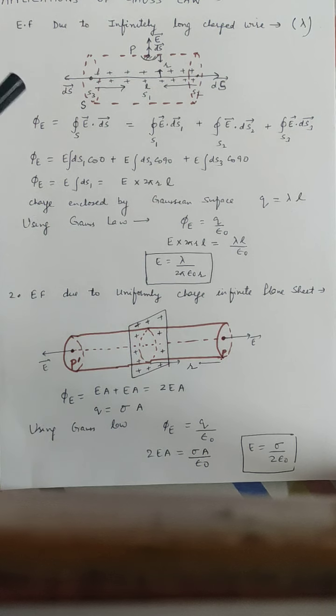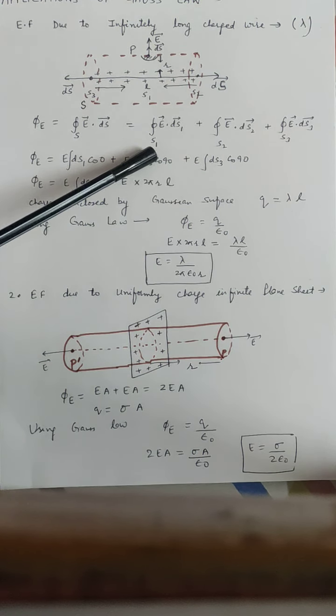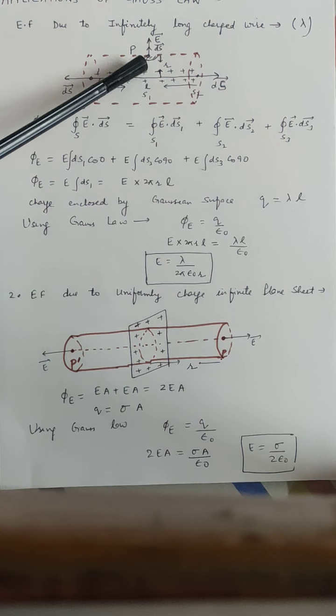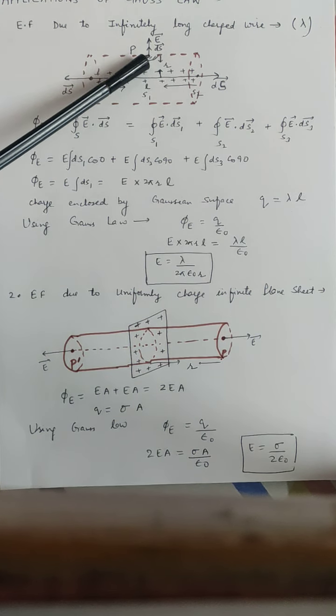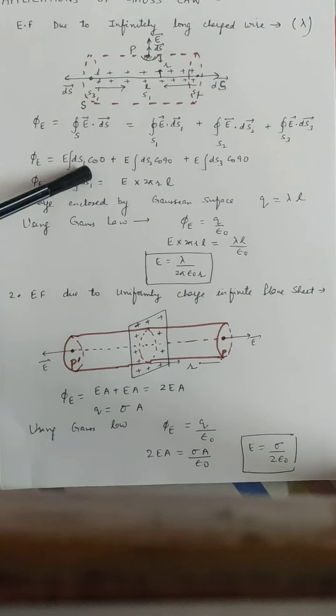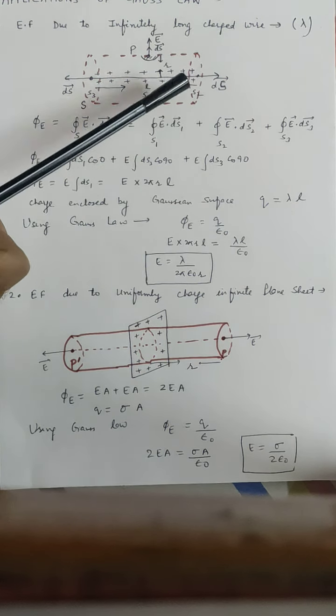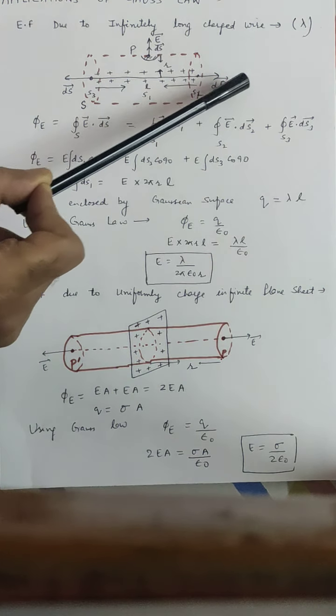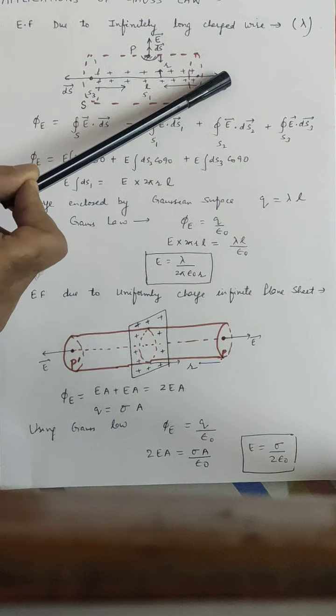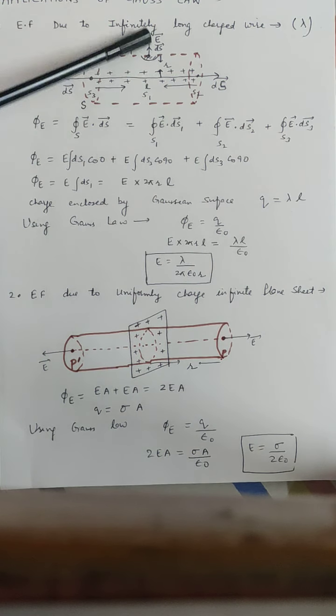Let's consider the first case, the surface S1. For the surface S1, E and ds are in the same direction, so the angle between them is 0. So it becomes E times the integration of ds1. If I am talking of the second surface, S2, in this particular case the direction of ds is normal to the surface and the direction of the electric field is perpendicular.